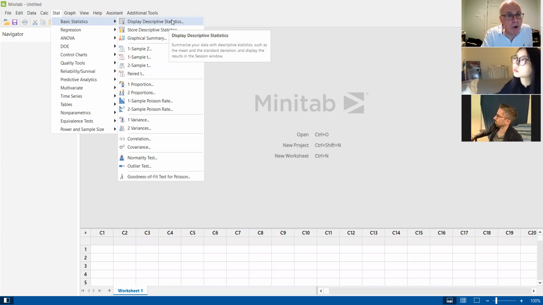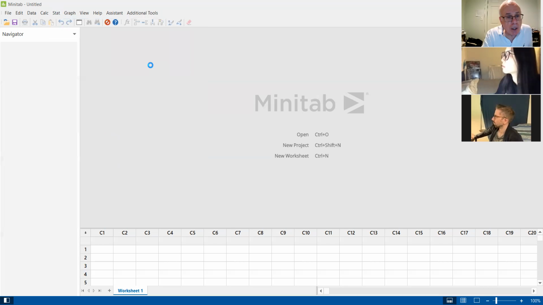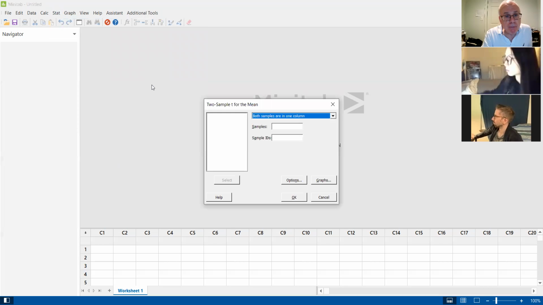Notice as you go down your list, you see two-sample t. It doesn't do two-sample Z, does it? But it does a two-sample t. Let's see what it looks like. When you click that in Minitab, do you get a box that looks like this?